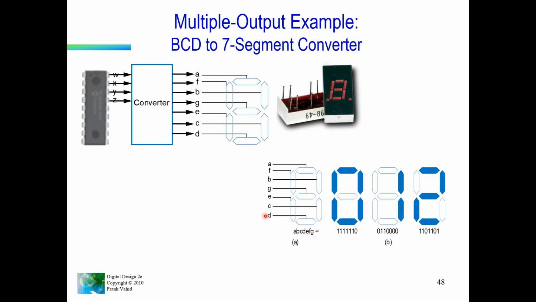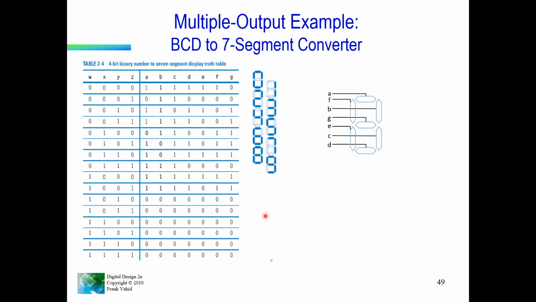We have seen that BCD to 7-segment conversion. We said that for each output we have to find a Boolean expression, and for that purpose, for instance for A, we have to represent each row by using w, x, y, z variables, and then we have to OR the rows which correspond to an output of 1.